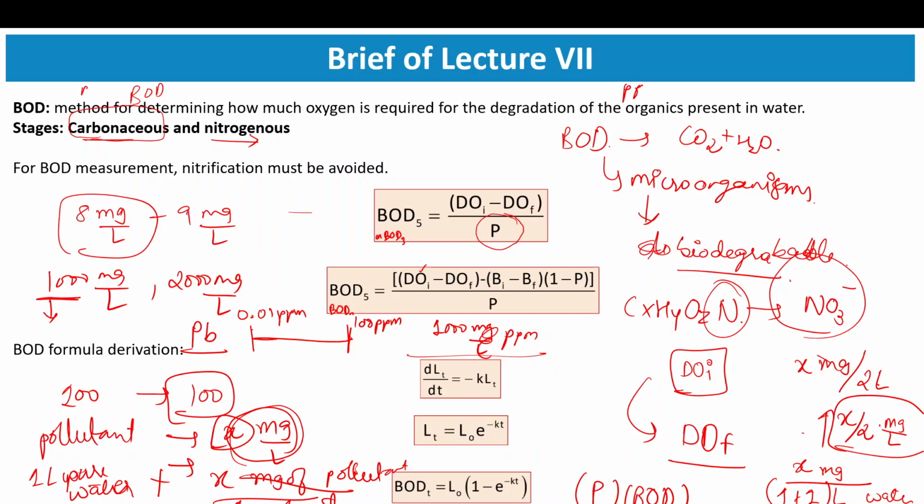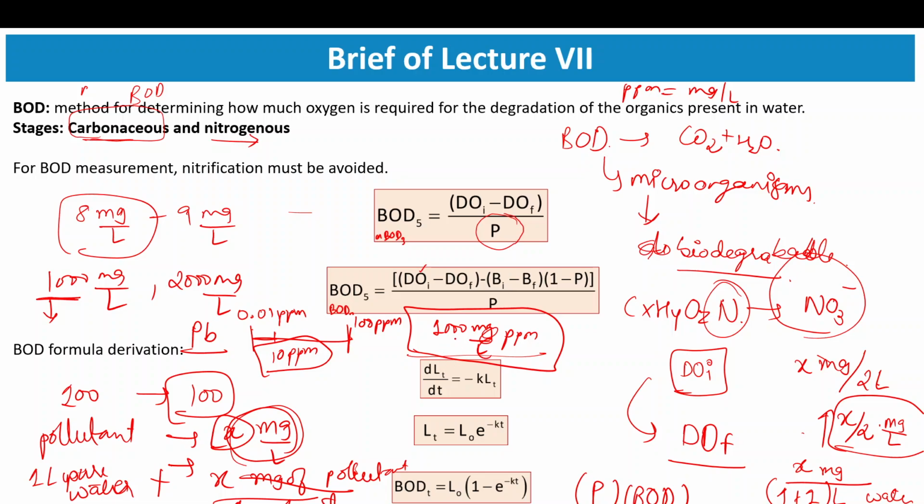Here ppm and milligram per liter are the same, right? I explained it earlier. Now since 1000 is out of the range of the instrument, I dilute it first. I dilute it such that it's, let's say, 10 ppm.